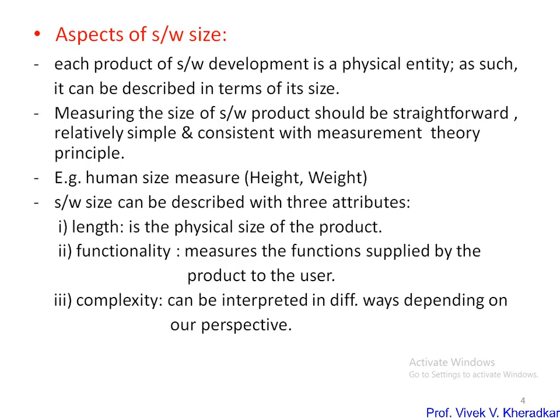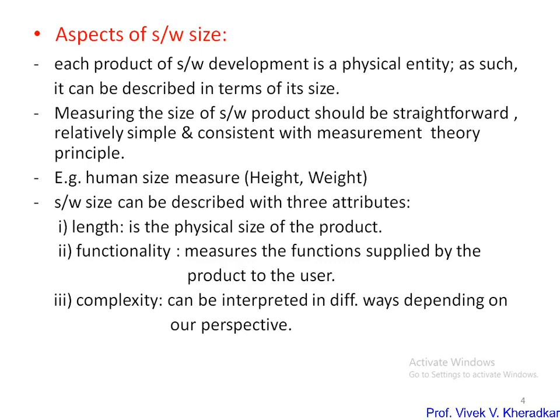So to measure this, we want to define a set of attributes for software size, analogous to human height and weight. What is our aim? We have to measure software size with a straightforward measurement, just like human size in terms of height and weight. We want a fundamental set that captures each aspect of software size.